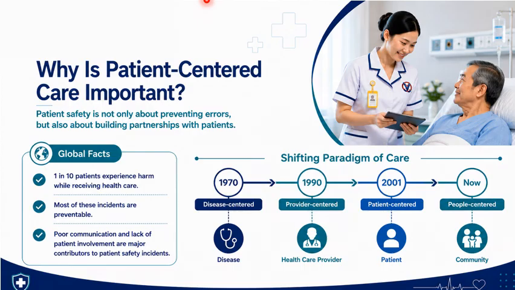Today, healthcare has shifted towards what we call patient-centered care, or PCC, an approach that positions the patients as an active partner throughout the entire care process. Patients do not merely receive treatments, but they also get involved in decision making based on their needs, values, preferences, and life goals. The WHO subsequently developed a broader concept known as people-centered care. This approach focuses not only on the patient during illness but also considers their family, community, and the continuity of healthcare services.